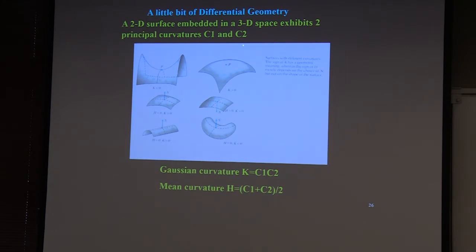We call them C1 and C2. The product of these curvatures is called Gaussian curvature, and the mean value, the average, is called mean curvature. Here the product is negative, smaller than 0, and you form a saddle. Here the product is positive and you form a piece of a sphere, right?